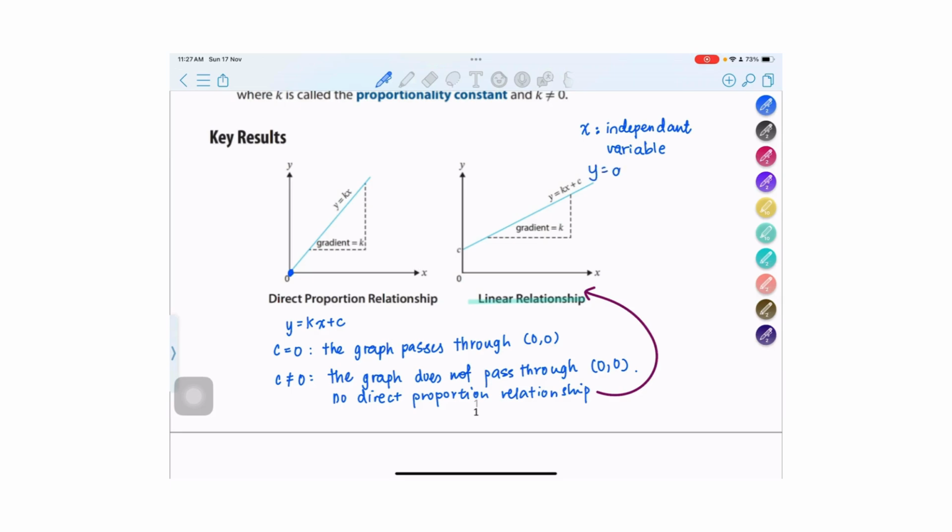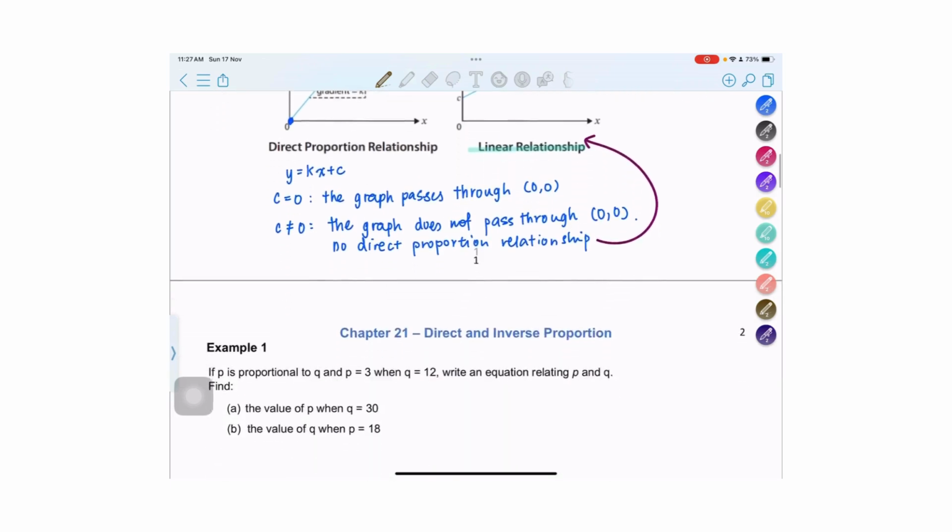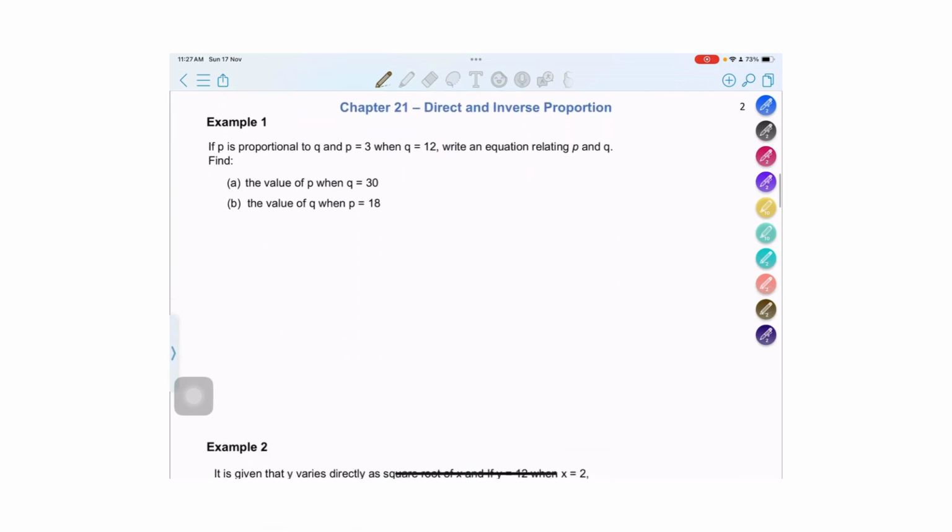However, y is the dependent variable, which means y depends on the changes in x. After explaining all the concepts, let's look at an example now.